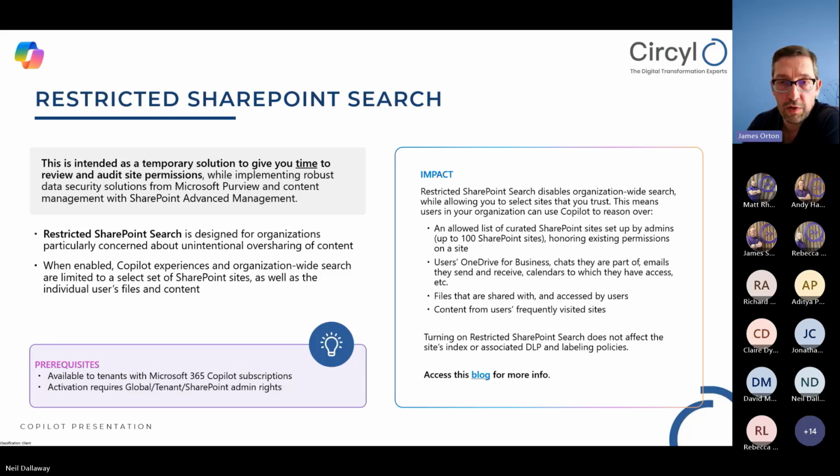As I just mentioned before, obviously, when Microsoft released Copilot, users started finding lots of content which organisations didn't want them to see. So to restrict that, obviously, Microsoft implemented this restricted search in SharePoint. So what it allows us to do is just to configure up to 100 sites which Copilot will have access to. From an IT perspective, it's then giving us time essentially to then look at those other sites, rather than just let Copilot have free reign across all those sources.